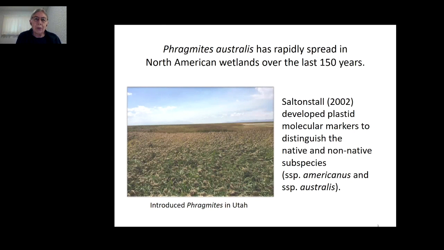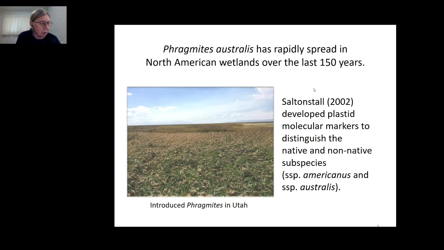And as you all know, Phragmites wasn't so common in North America. It wasn't a pest yet, maybe 150 years ago. In the last 150 years, it has spread rapidly right across the continent, starting from its introduction in Eastern North America.